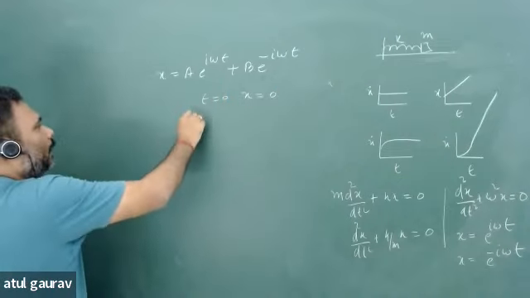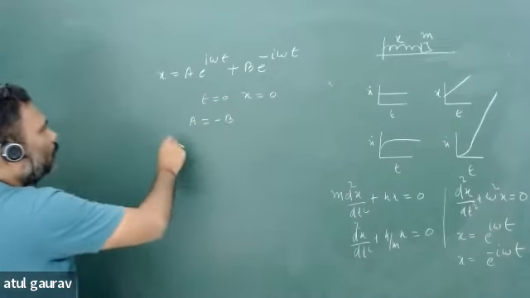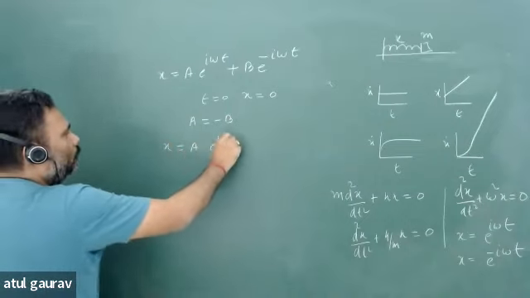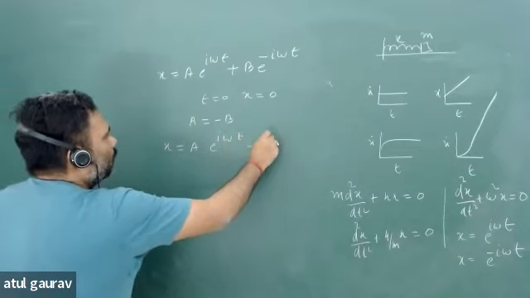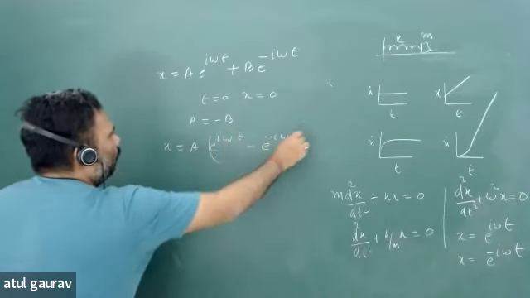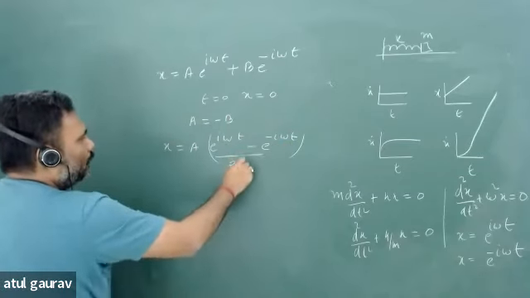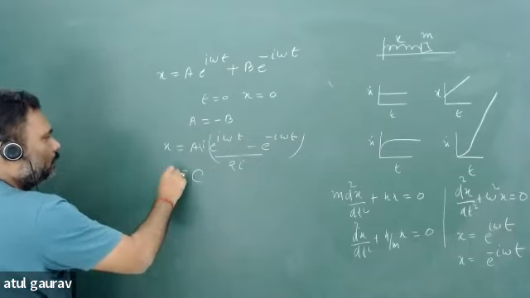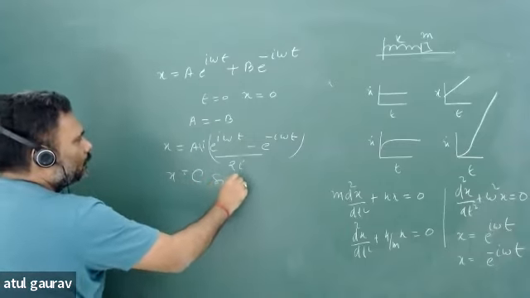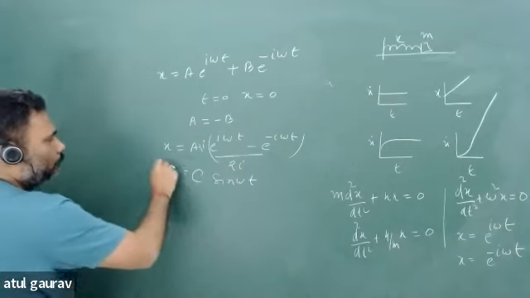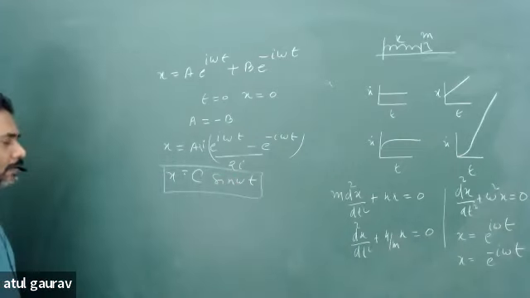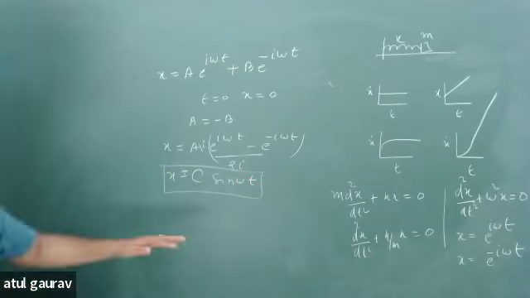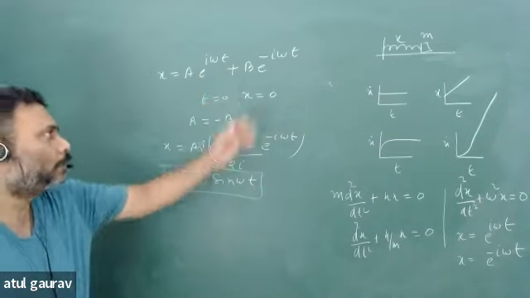So A is equal to minus B. So I can write A times e to the power i omega t minus e to the power minus i omega t. We can write this a little more smartly: multiply by 2i, put this value as c, and this value is sin omega t. So x is equal to c sin omega t.